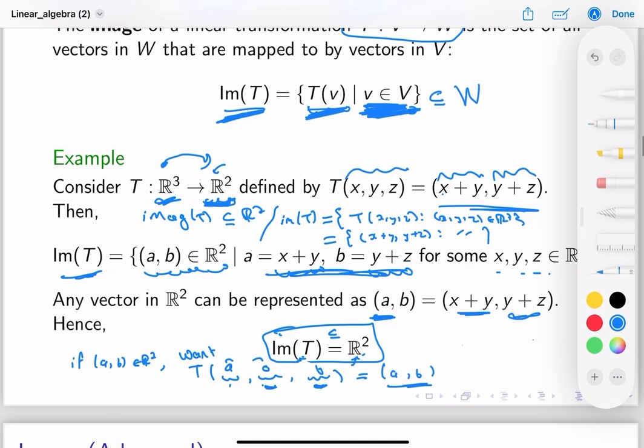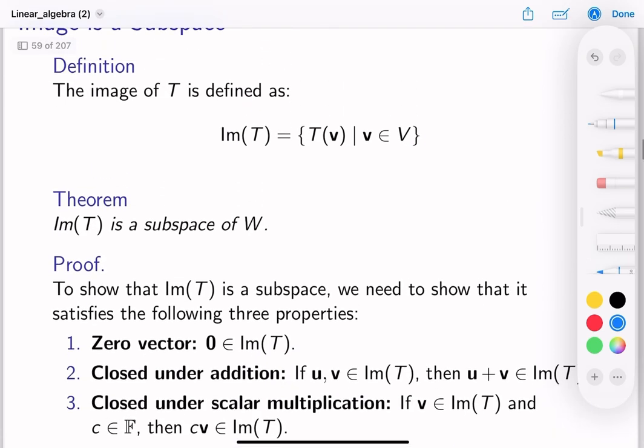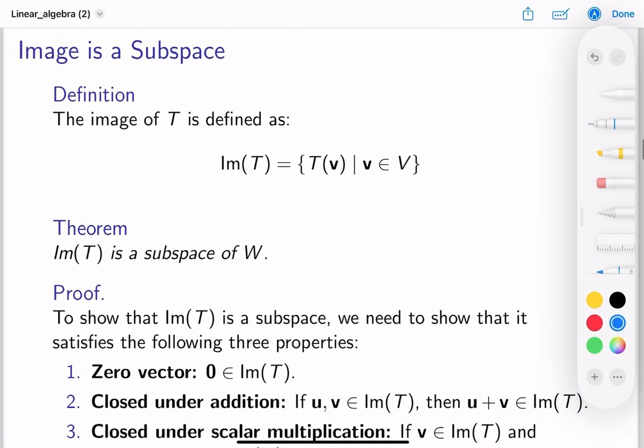The next thing we're going to show is that the image is a subspace of the codomain.